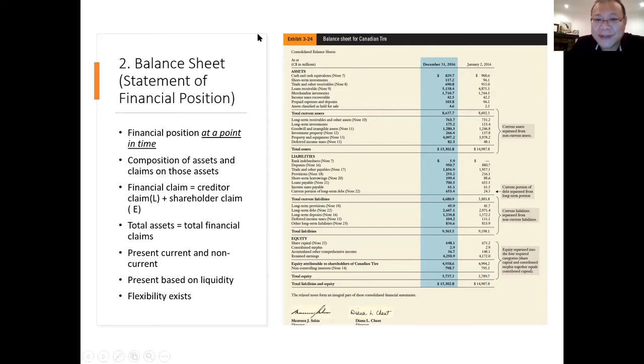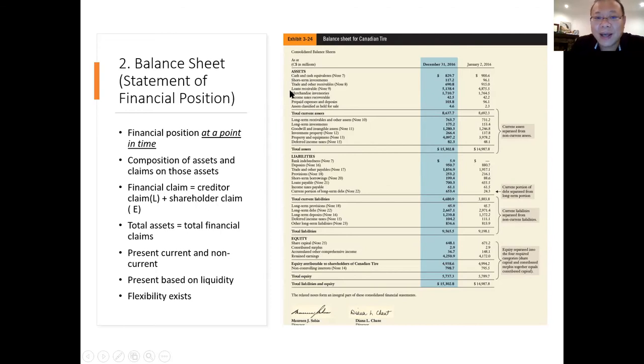So 6 months for the receivable and 7 months for the inventory, and you present the receivable on top of the inventory. In another company it could be different. It could be one month's inventory turnover, so then the inventory is more liquid than the receivable. So there are some flexibilities here. Not all companies have to strictly follow this order.